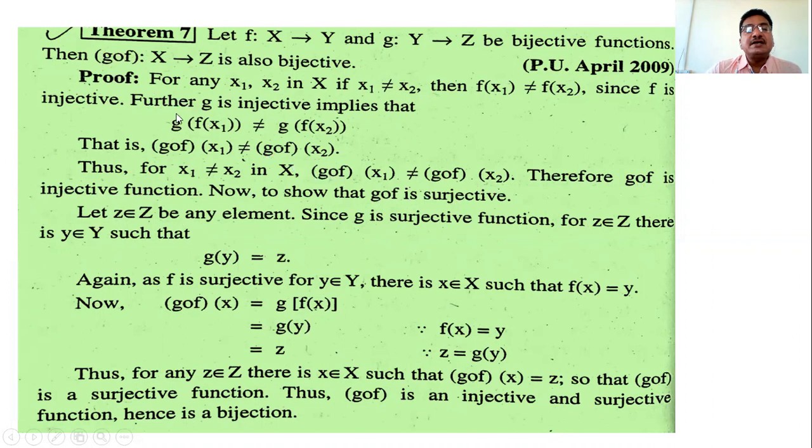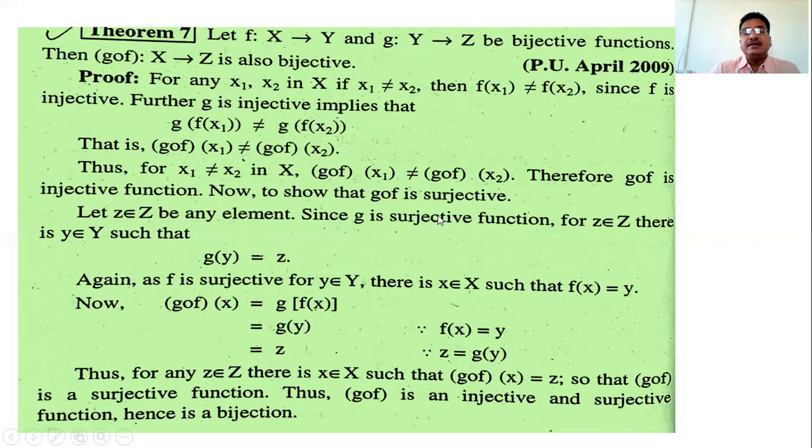When the function is surjective, each element of the codomain, that is each element of Z, has a preimage. So take any element z from Z, and now we have to find the preimage of z under G circle F. As G is surjective because G is bijective, this z in Z has a preimage in Y, some element in Y.